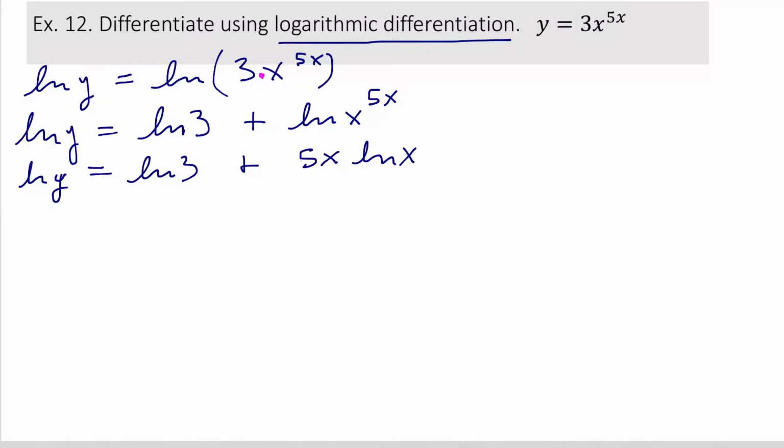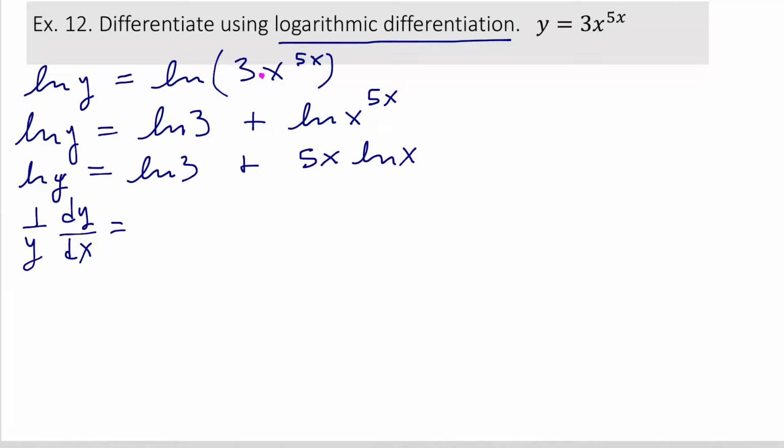Now we differentiate both sides. So we know the derivative of the ln of y is just 1 over y, and we're differentiating implicitly, so this is the times the derivative of y with respect to x.